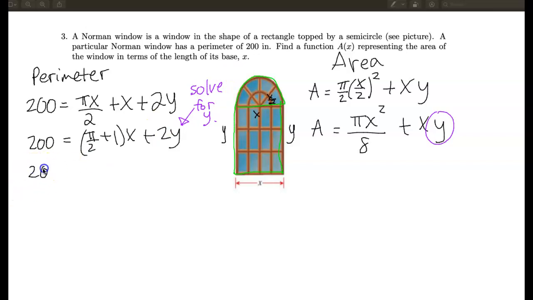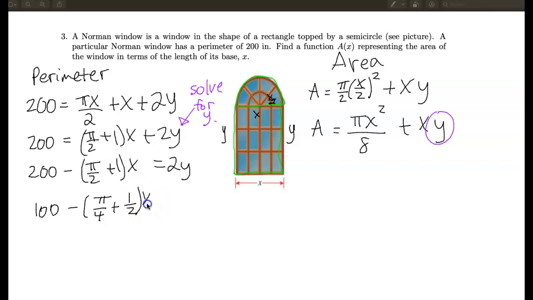So I'll have 200 minus (pi over 2 plus 1) times x equaling 2y. I'll then divide everything by 2 or multiply it by a half, and I'll go ahead and distribute the 1/2 through this part, so that'll leave me with 100 minus (pi over 4 plus 1/2) x equaling y.